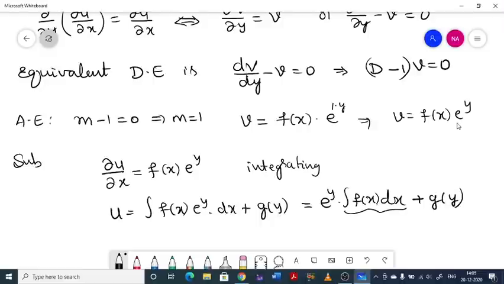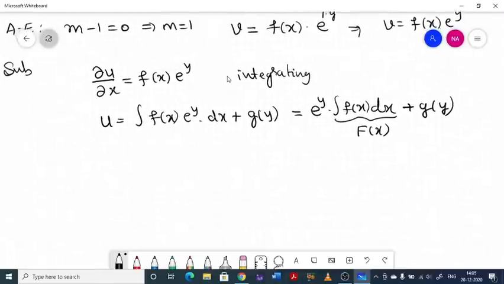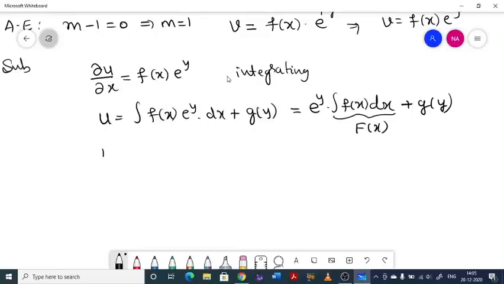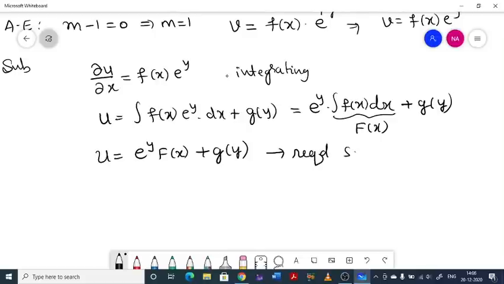This I can write as capital F(x). So u = e^y F(x) + g(y). This is the required solution. So with this we are going to wind up our discussion on solution of homogeneous PDE.